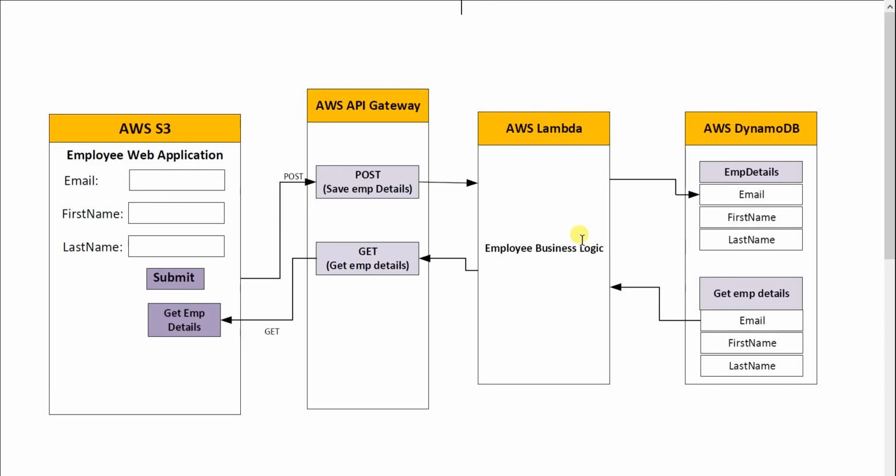This time, instead of using Postman, we'll save data using the actual buttons, basically submit and get employee details. Those are the steps we are going to do today. And once all these components are working fine, then I would say we have built our first serverless application.